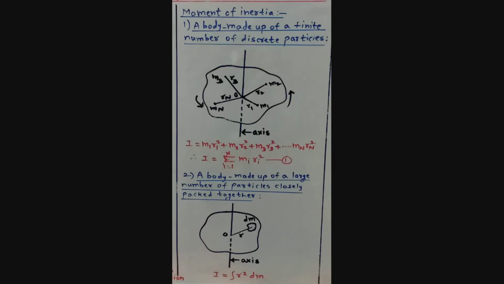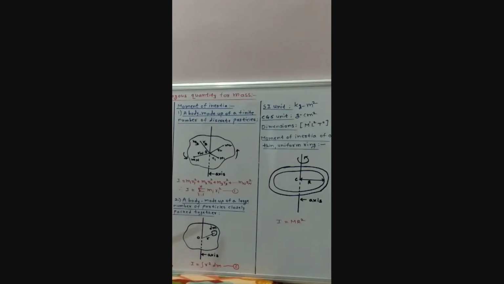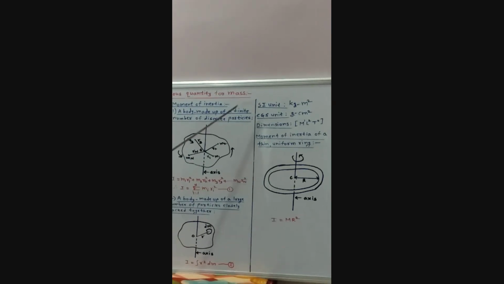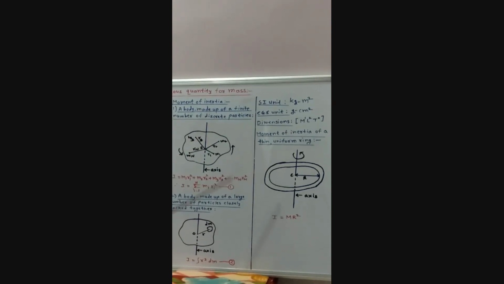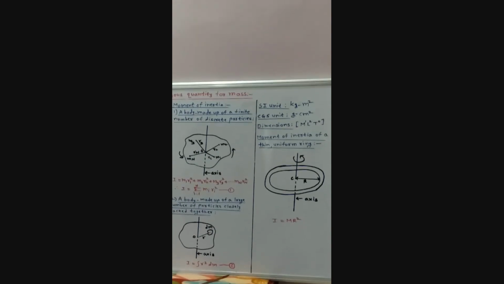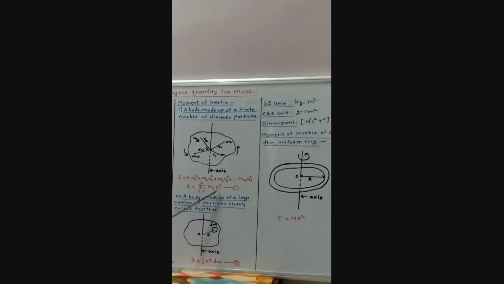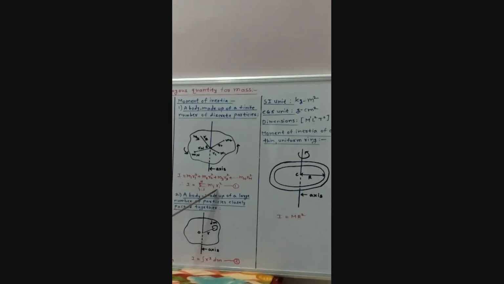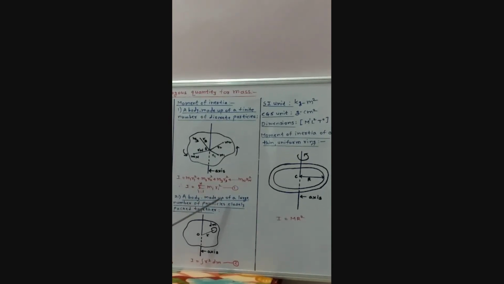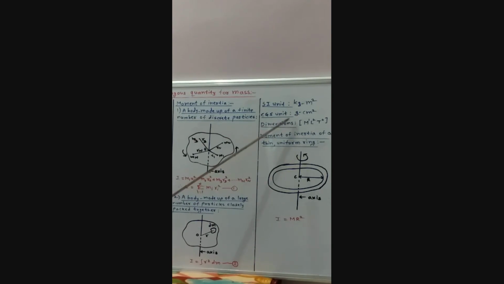Let us see the SI unit, CGS unit. From these formulae of moment of inertia, we can state the SI unit, CGS unit and dimensions of the moment of inertia. The SI unit of mass is kilogram, while that of distance is meter, and hence the SI unit of moment of inertia is kilogram meter square, while the CGS unit is gram centimeter square.